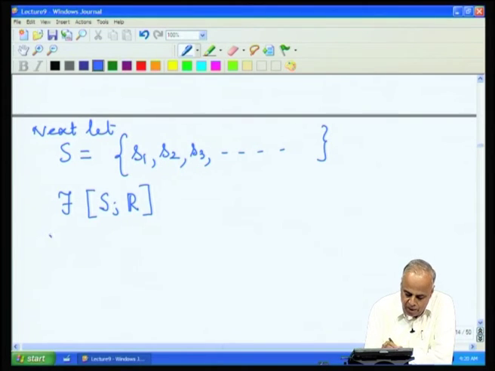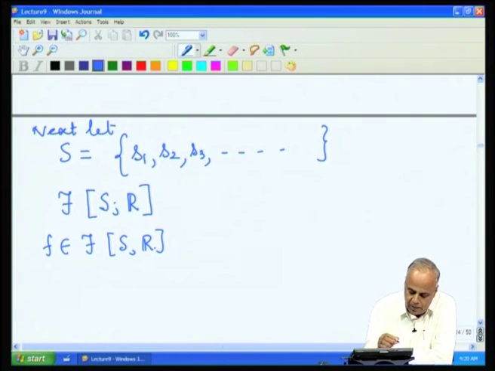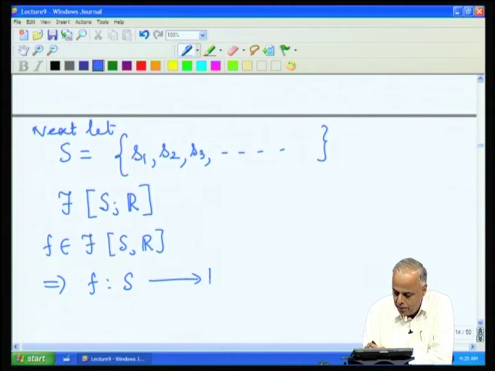If f belongs to F(S, R), then f is a function mapping S to R, which means f assigns a real number to S1, a real number to S2, a real number to S3, and so on.